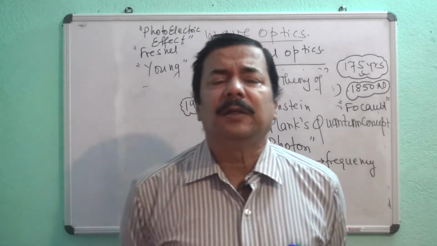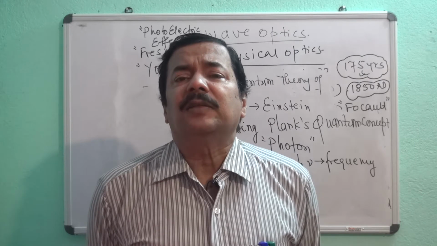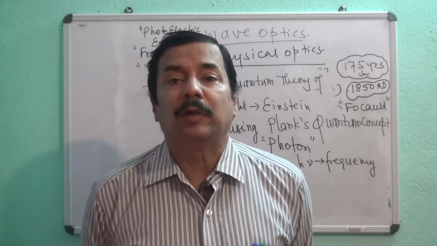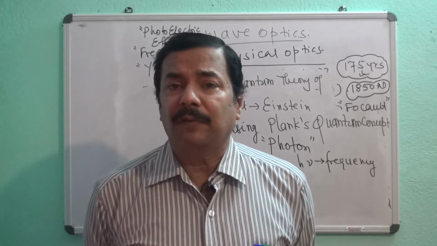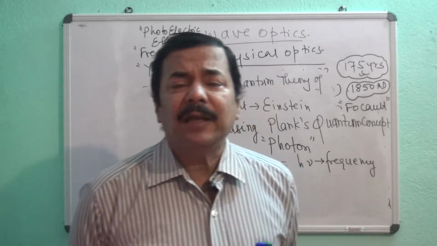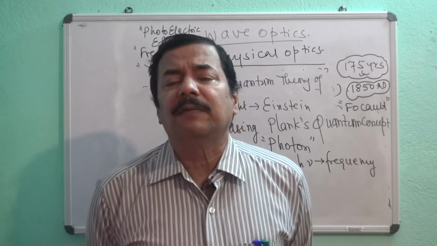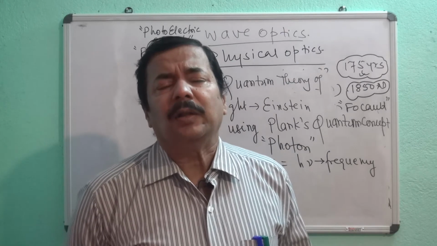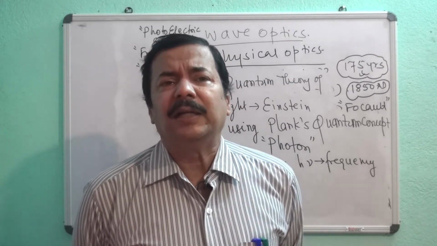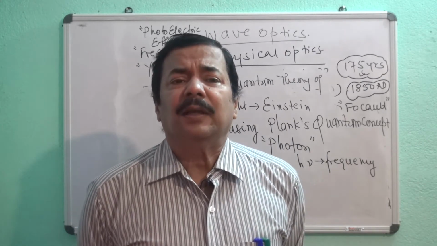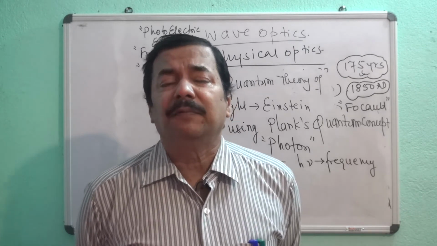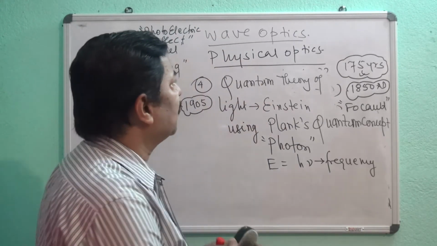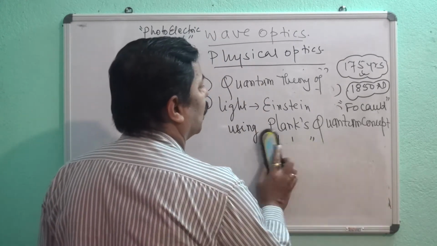Keeping this background in mind, we concentrate on the theory given by Huygens, known as the wave theory of light, which is the subject matter of our wave optics. Recalling the whole theory development process will help in understanding the wave theory in a better way. So now we will focus on the main concept, that is, the wave theory of light.